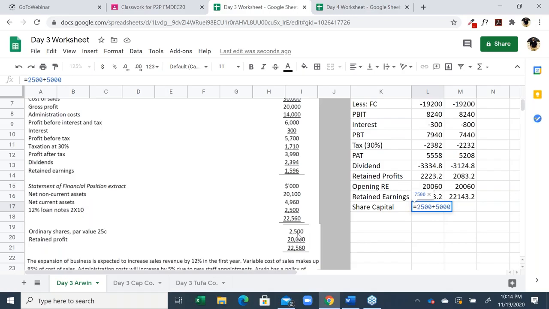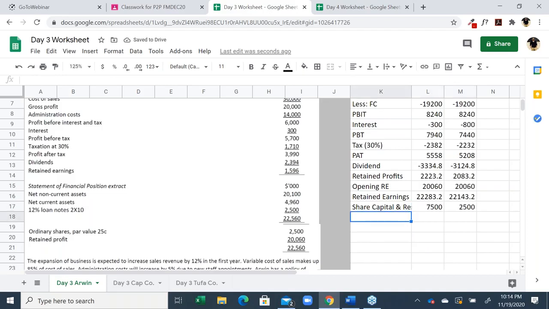It includes the premium as well. Share capital and reserves, I should write better. And in this case, there will be no increase to the share capital and reserves. It will still be 2500 because that's debt finance.